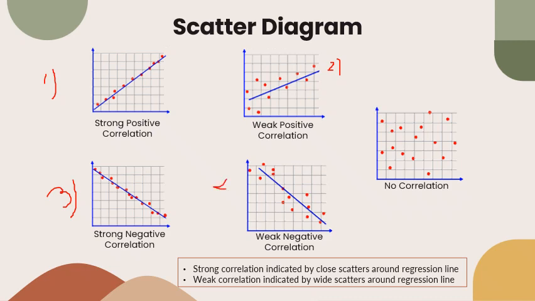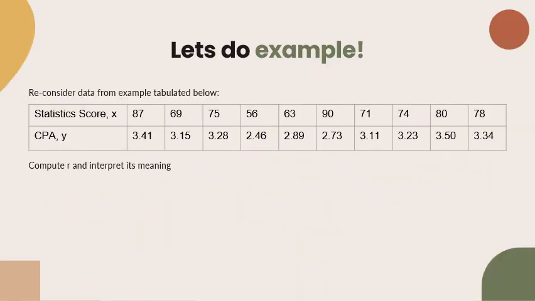The last picture, number 5, is a scatter diagram showing no correlation, where we cannot come up with one straight line, either positive or negative. Strong correlation is indicated by a close scatter around the regression line, and weak correlation by a wide scatter around the regression line. Now let's take a look at the example.